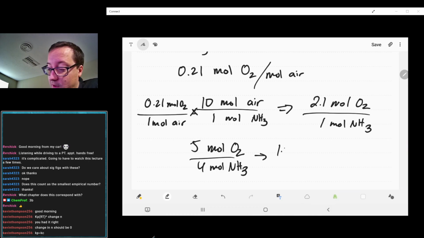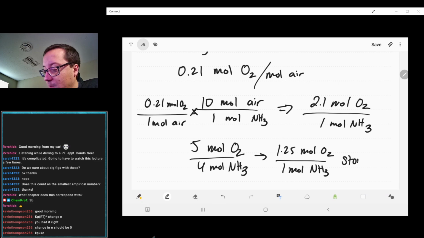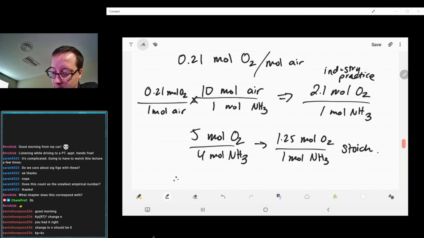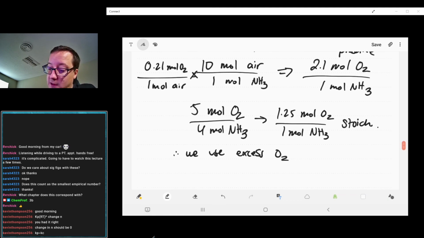That's going to be 1.25 moles of oxygen for every 1 mole of ammonia. This is stoichiometry here, and this is going to be the industry practice. So this tells us we use excess oxygen here. We only need 1.25 moles of oxygen for every mole of ammonia, but we're putting in 2.1 moles. So therefore, we're going to have excess oxygen, and therefore, ammonia is limiting.